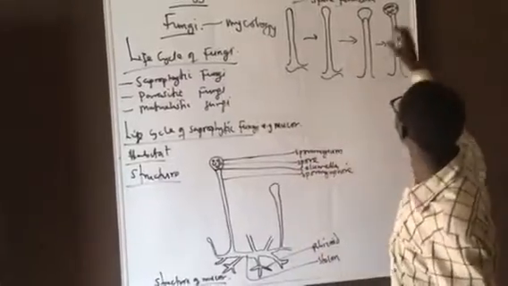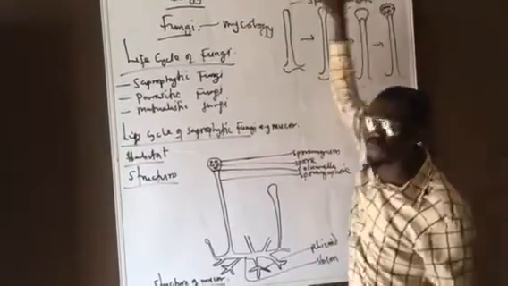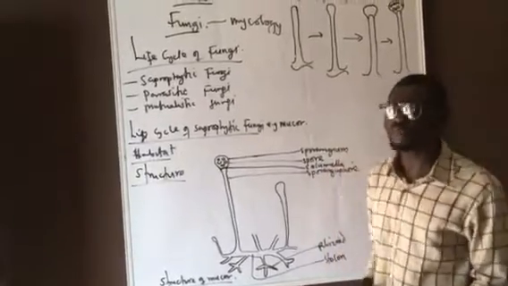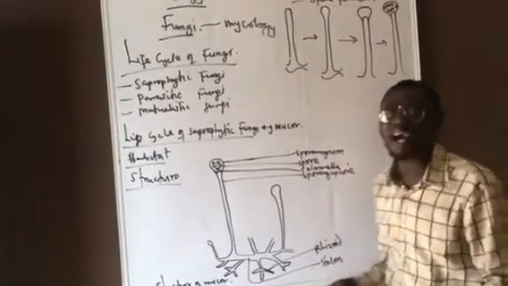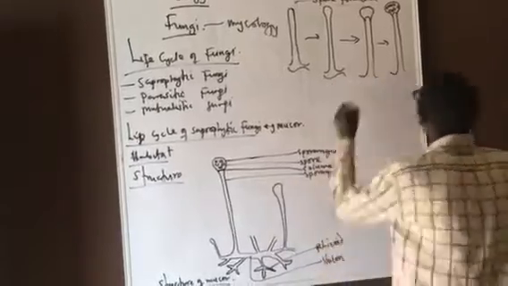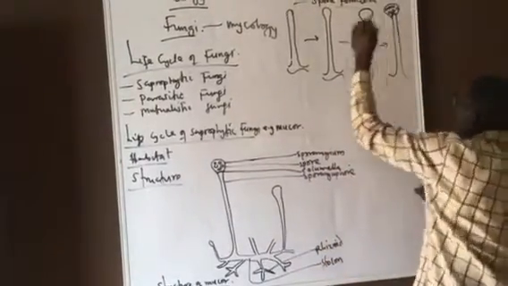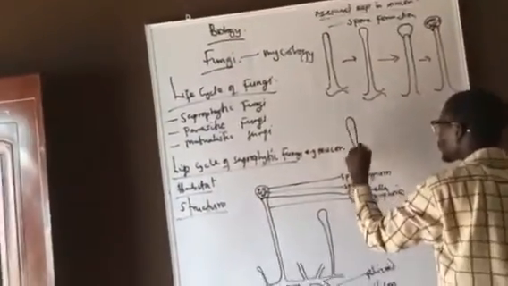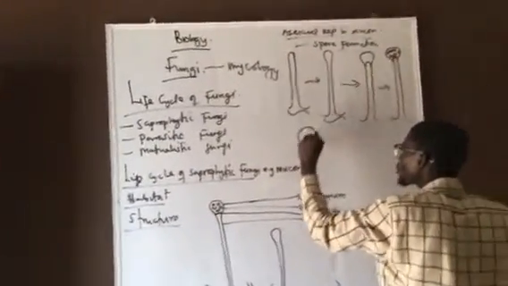But the sporangium also becomes mature, and as it matures, it becomes thin and brittle. The columella expands as well. As the columella increases, it exerts more pressure on the wall of the sporangium.